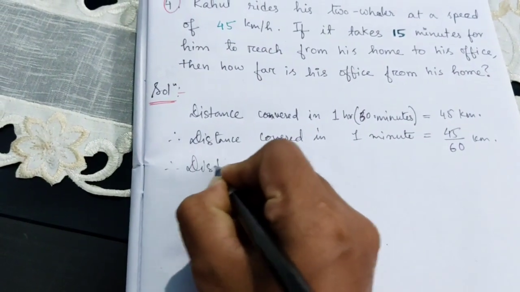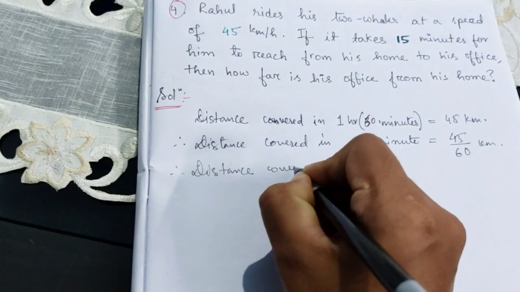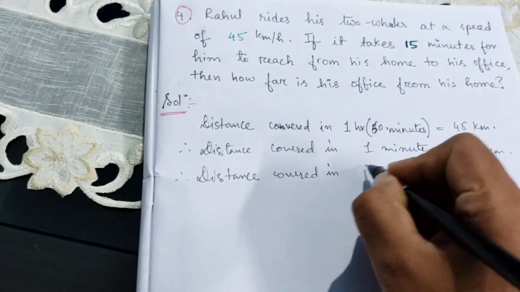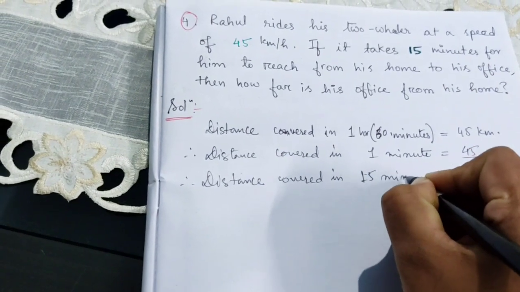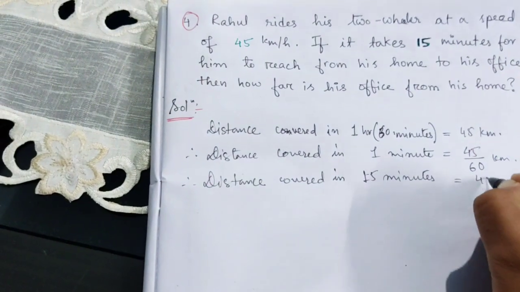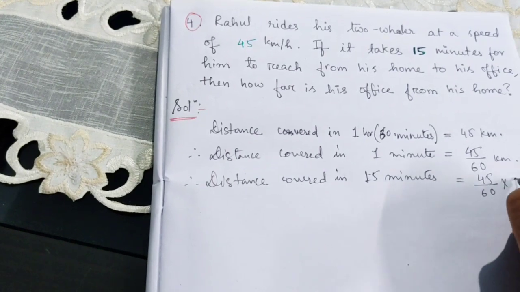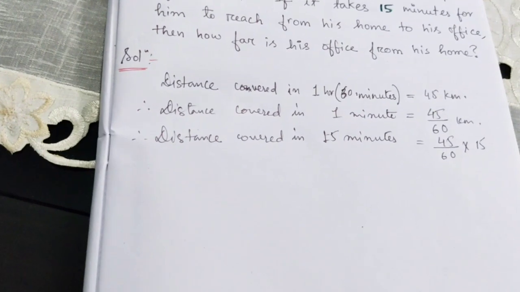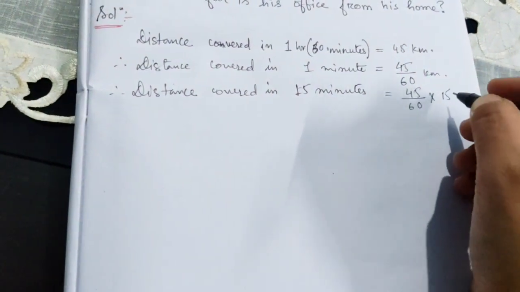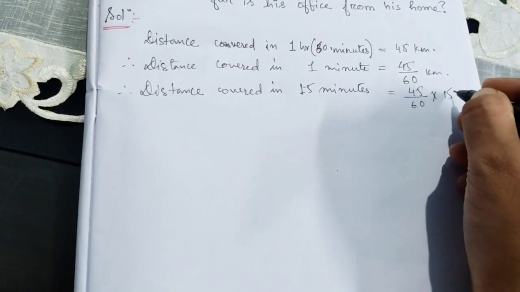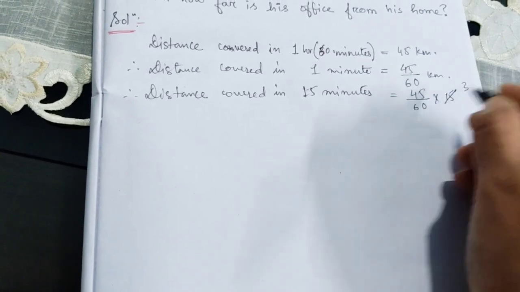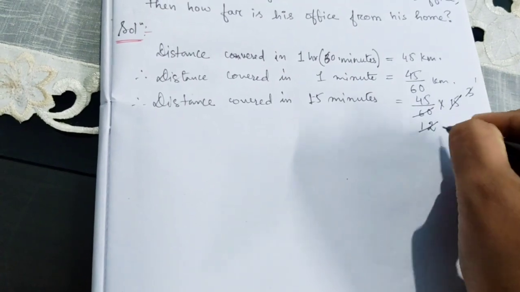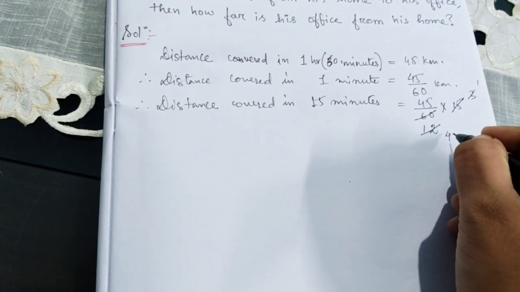Therefore, distance covered in 15 minutes. In your question it is 15 minutes. So in 15 minutes it will cover 45 by 60 into 15. So it will be how much? 5 3s are 15, 5 1s are 5, 5 2s are 10, 3 1s are 3, 3 4s are 12.